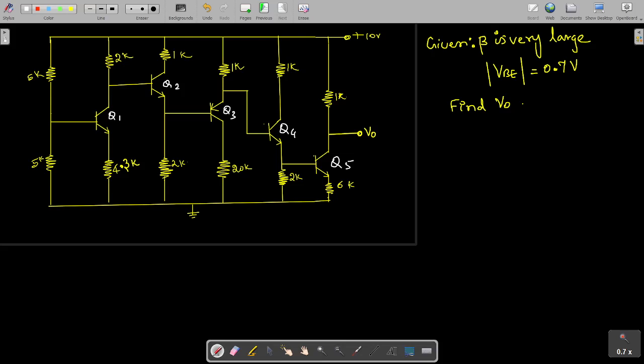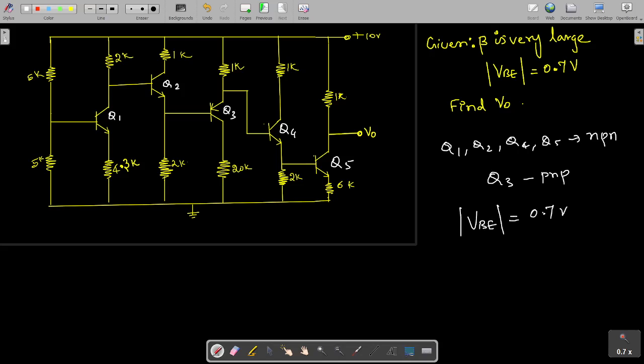Okay. If you check, Q1, Q2, Q4 and Q5 are all NPN transistors, and Q3 alone is the PNP transistor. That's why, if you see in the given specification, the mod of VBE is given as 0.7 volts.